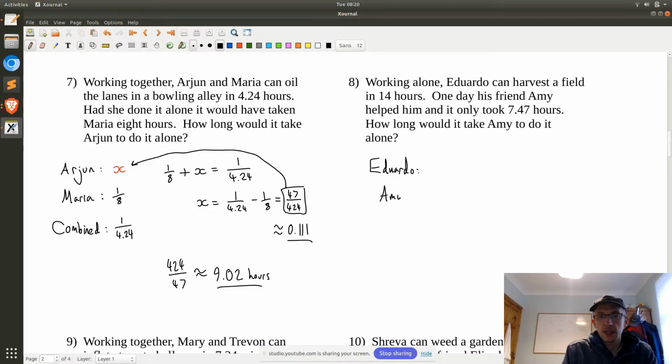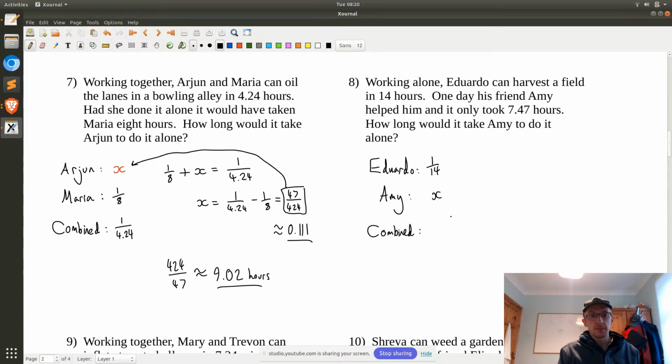Then we write Amy. Eduardo's speed: harvests a field in 14 hours. So what's his speed? Oh, 1/14 of a field per hour. What about Amy's speed? We don't know. So in this case, she is X. Combined.